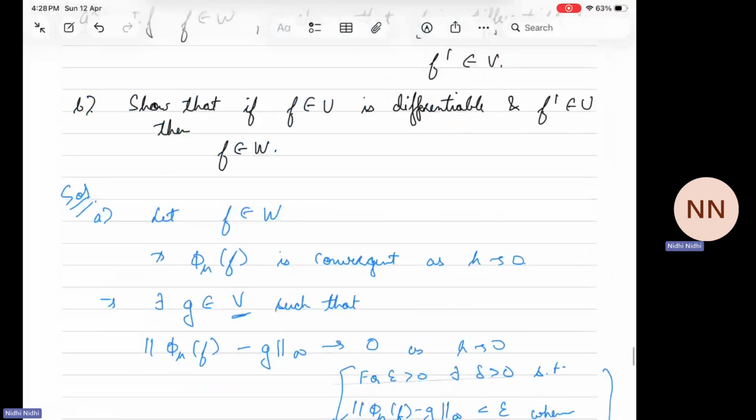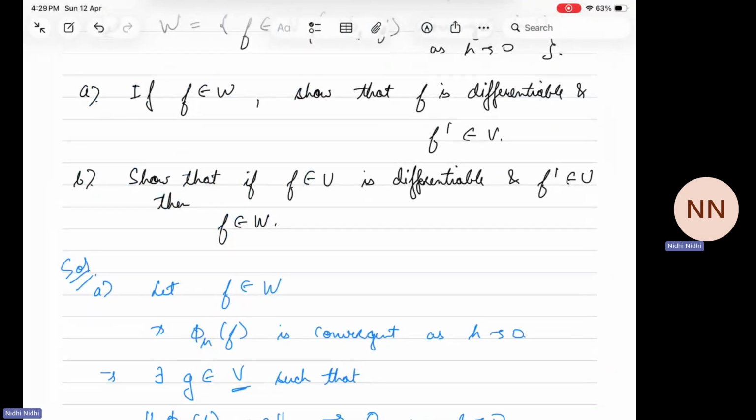Which says that if f is a function which is differentiable and its derivative is also in V, then f should be in W. Let's see.